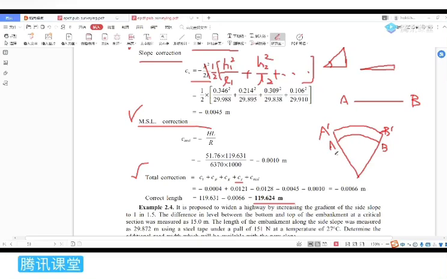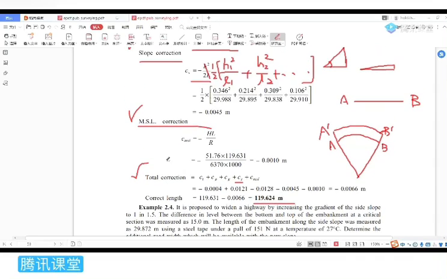Otherwise, it's hard to compare these two. If you stand on the ground at different places, maybe in the mountains, and do the measurement, are they the same? Are they still A to B? So it's hard to do a comparison. So normally we have a standard one. It's called mean sea level.